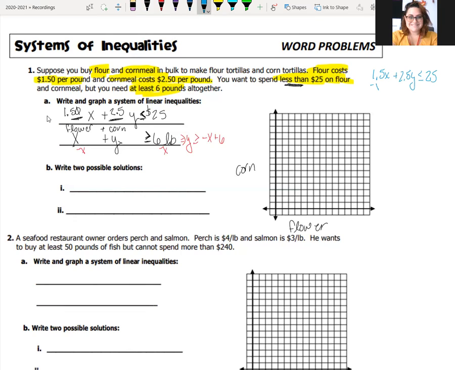We're going to move our x to the other side. So we would have 2.5y is less than or equal to negative 1.5x plus 25. And then we divide each side by 2.5.